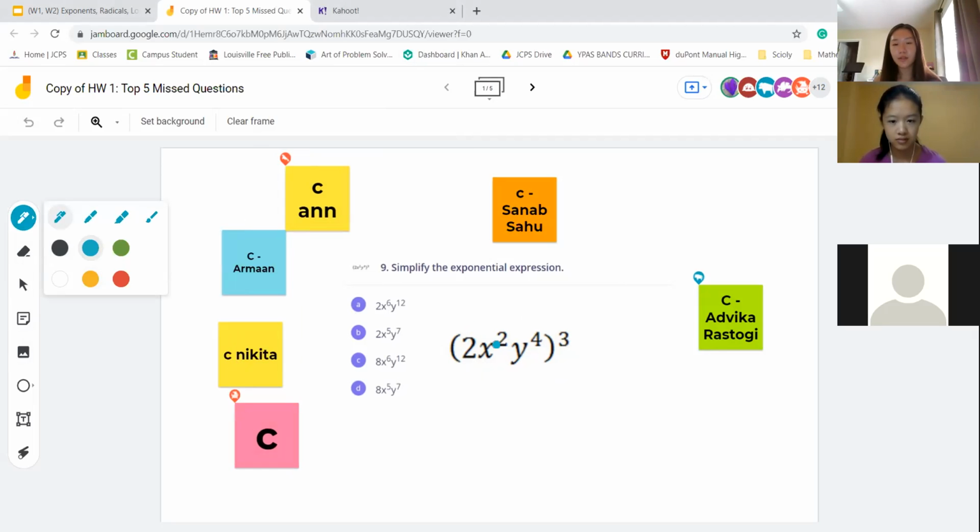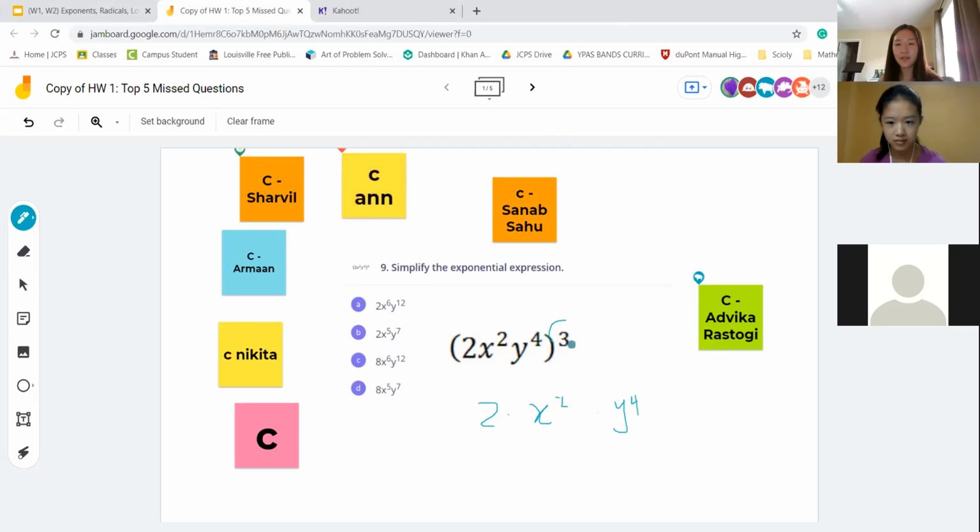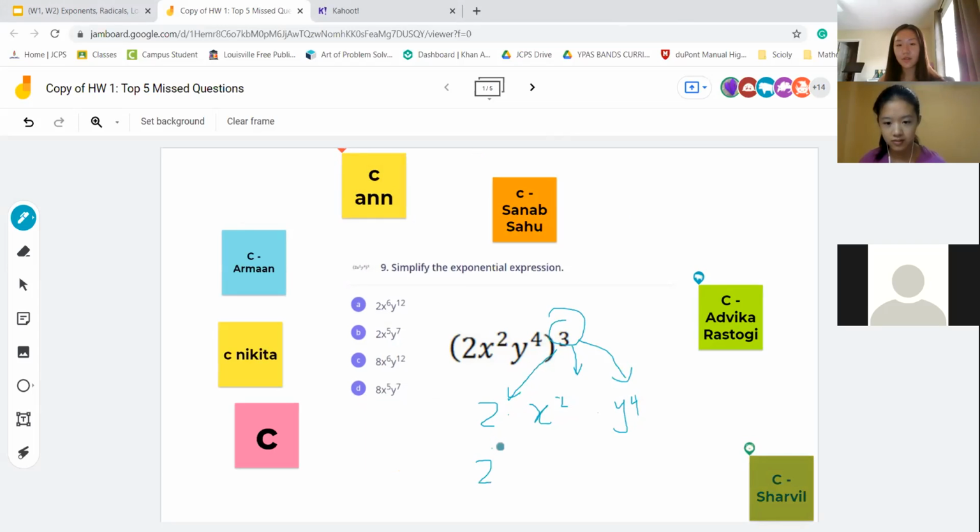So we're gonna split this up into separate parts. So 2x squared times y to the 4th is just 2 times x squared times y to the 4th, right? So now we can distribute this power into here. So then it's 2 cubed times x squared raised to the 3rd times y to the 4th raised to the 3rd.